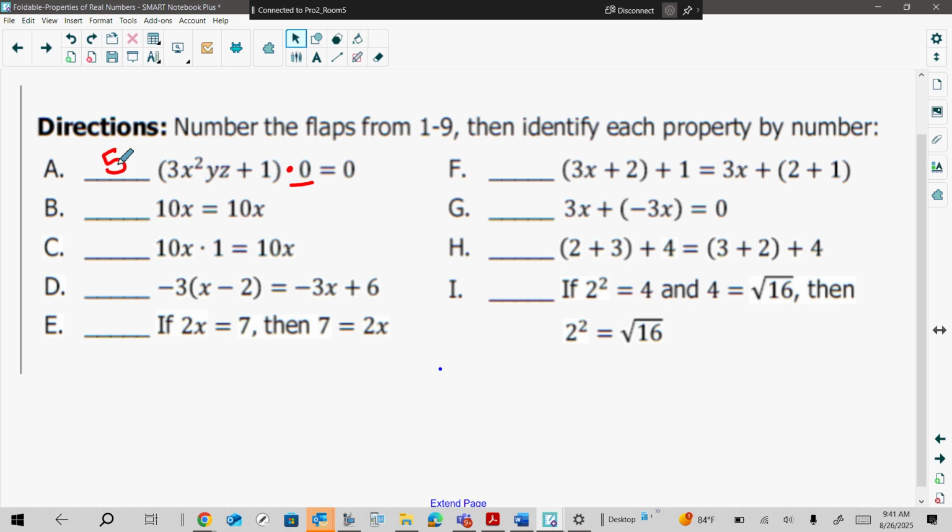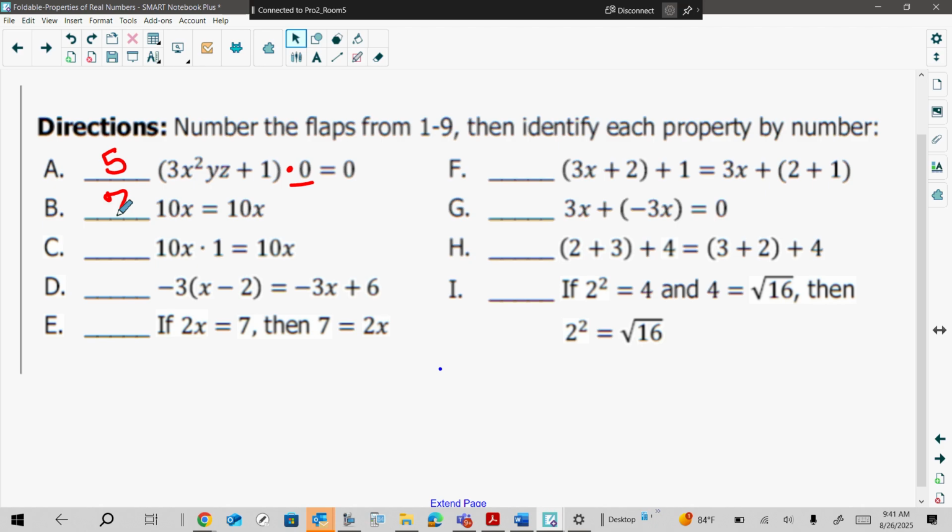Okay. On problem B, we have 10x equals 10x. Did it change? No, so it's going to be 10. It's reflexive. It's a mirror image. We don't have a 10. We have a 7. How is that a 7? We have 9 properties, so we're just numbering them. I thought we were actually solving this. No, there's no solving.